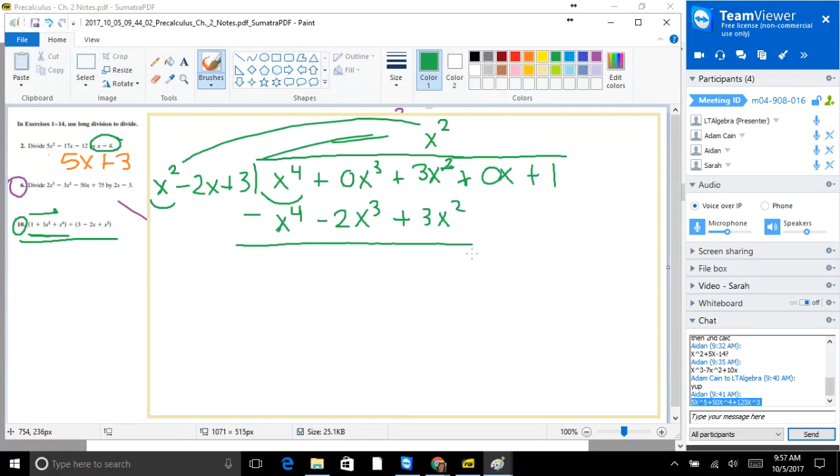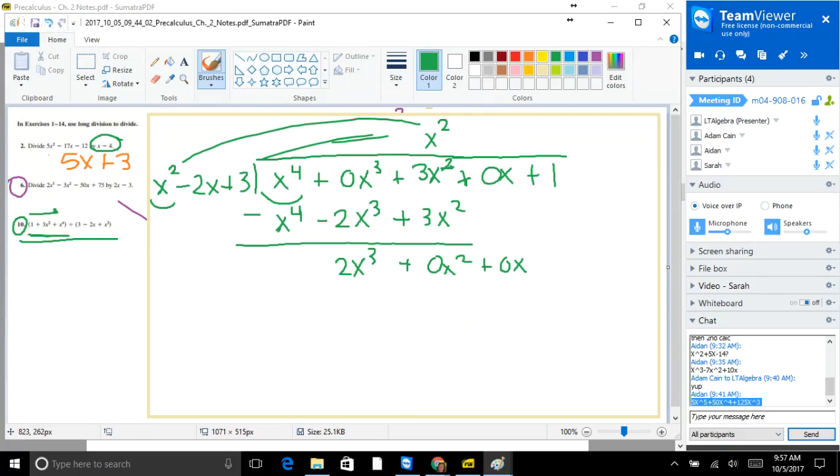So now when I go to subtract, x to the fourth minus x to the fourth is nothing, right? 0x cubed minus a negative 2x cubed leaves me with 2x cubed, okay? And 3x squared minus 3x squared leaves me with 0x squared. You can leave a 0x squared in there if you'd like. And then we want to bring down our 0x.